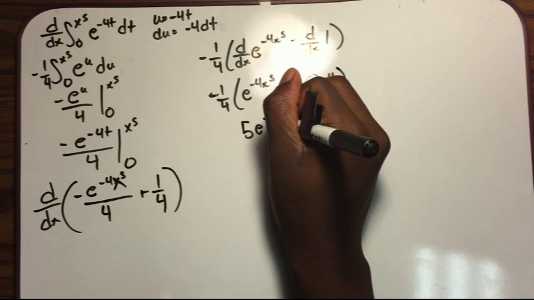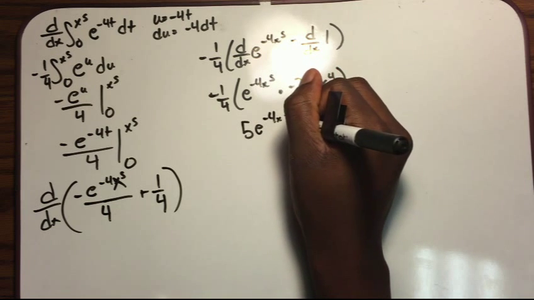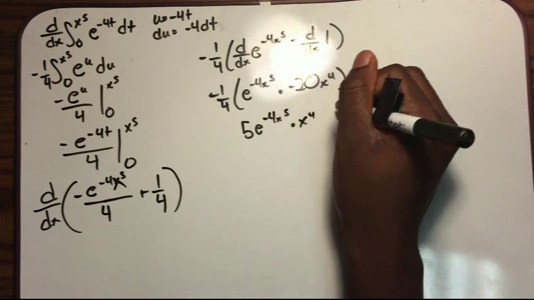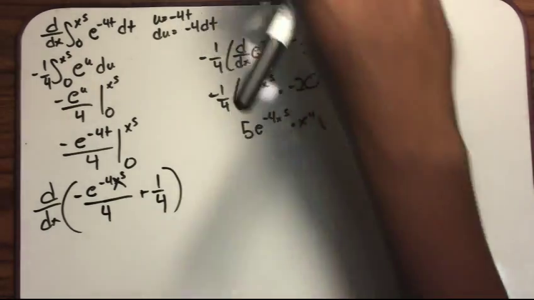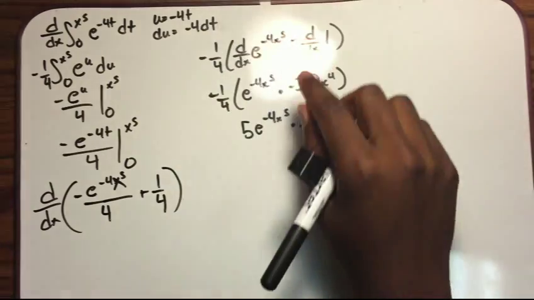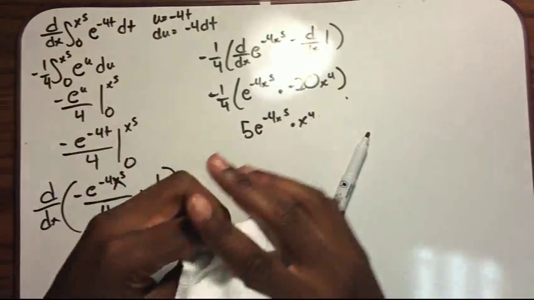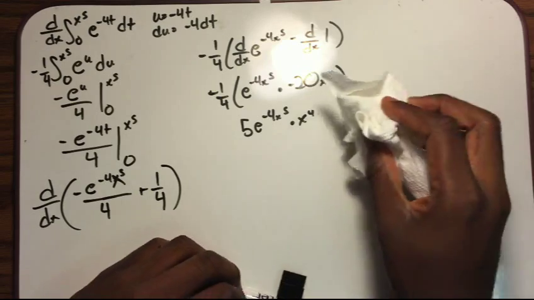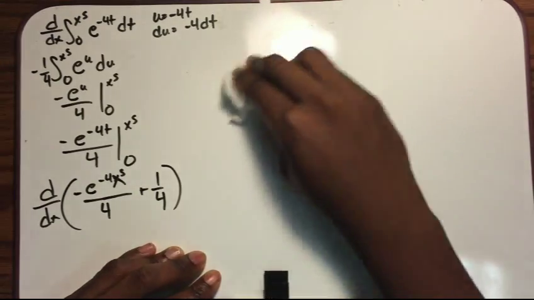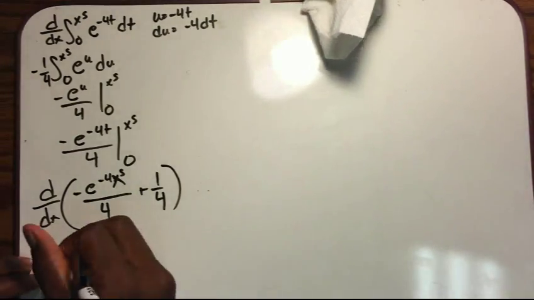We multiply that by negative 20 x to the 4th. After simplification, the answer is 5e to the negative 4 x to the 5th times x to the 4th. So that's the answer using the fundamental theorem of calculus part 2.